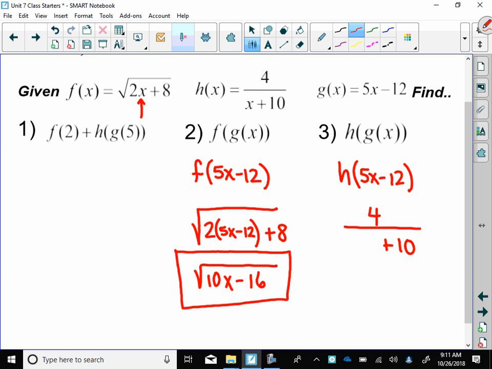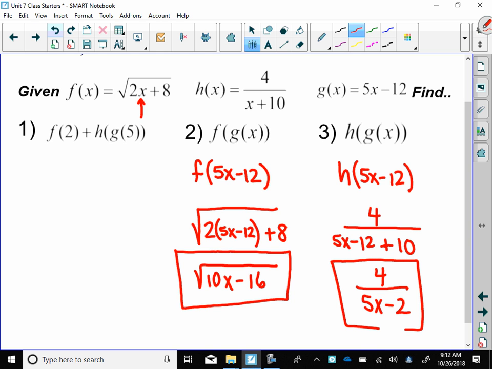But in place of x, what am I putting? Okay, so where the x was right here, now I've put that 5x minus 12 in place. And I'm going to combine my like terms. So I'm going to be left with 4 over 5x minus 2. And that's all I'm going to do.